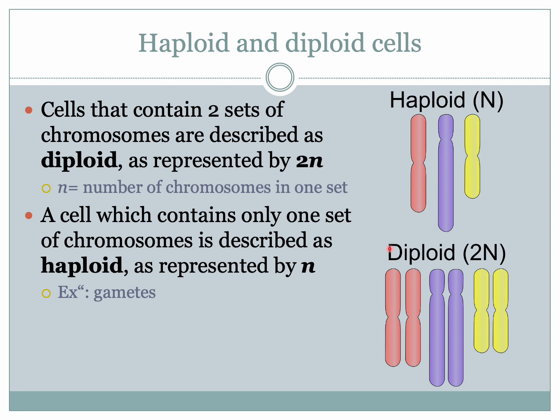A cell which contains only one set of chromosomes is described as haploid, which is represented just by the letter N. These would be the gametes, which makes sense. If gametes combine to make a zygote, they would need to be haploid so that when the two are fused together during fertilization, we would have a complete set of chromosomes.